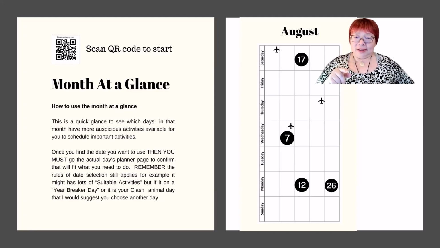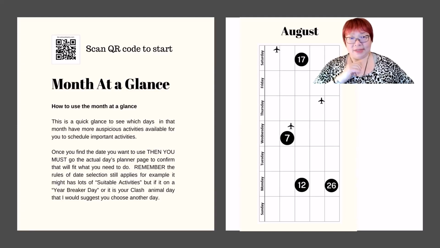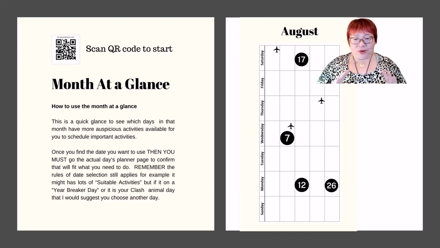So basically, that is the airplane without the number on the first Saturday of August. That's what that means. And the airplane in between the 17th and 26th, so it kind of goes, so it'll be 18, 19, 20, 21st. That's how you're going to use it.